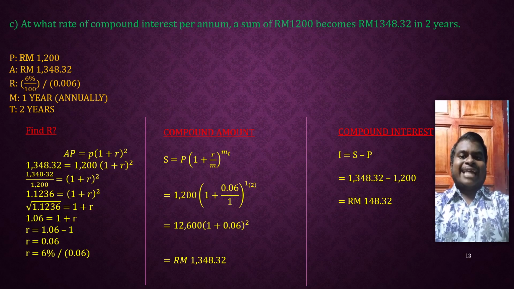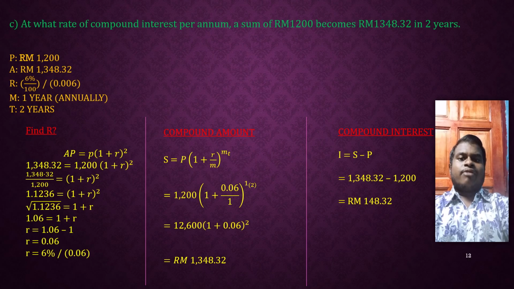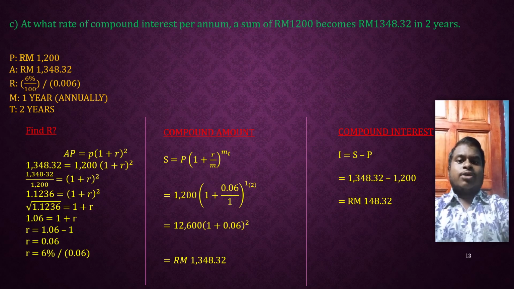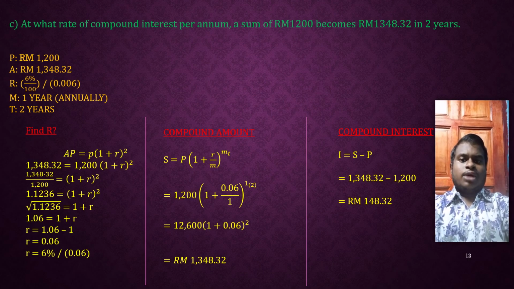Let's use an example where the compound amount S is RM 1348.32 and the principal P is RM 1200. Plugging this into the formula, I equals 1348.32 minus 1200. Subtracting this gives us I equals 148.32. So the compound interest earned is RM 148.32.